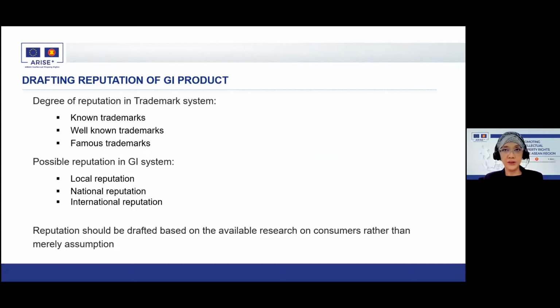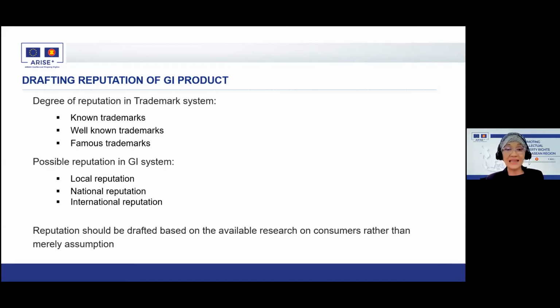Yes, it is true that one of the cases in European history of passing off on a well-known sign is actually a case on Roquefort. So it is a case of GI actually, but the reputation in GI should not only consist of well-known reputation.